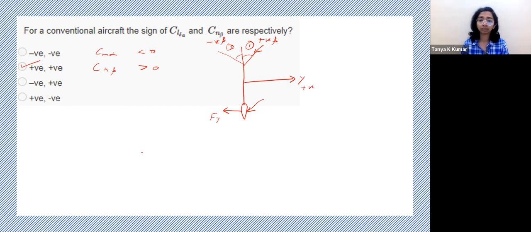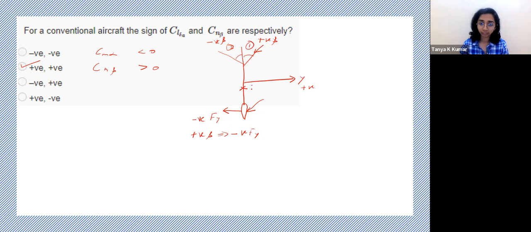Since that is the positive y-axis and the force generated here is in the opposite direction, due to positive beta, you have negative Fy. So now this is the force generated due to a positive beta.